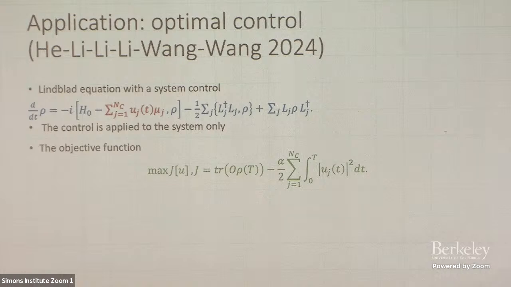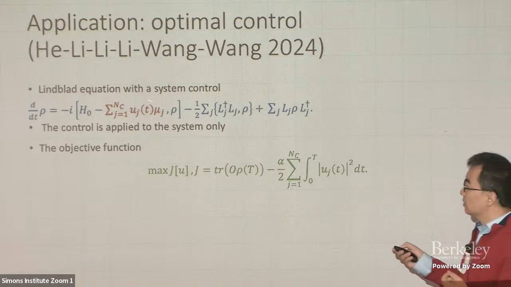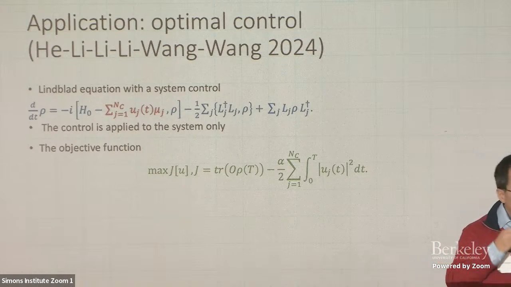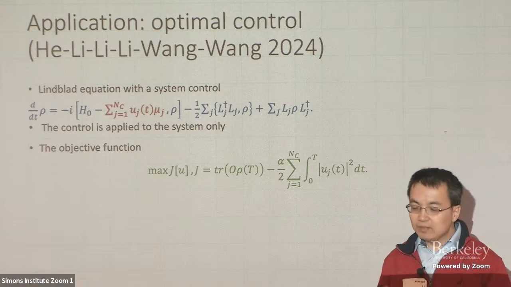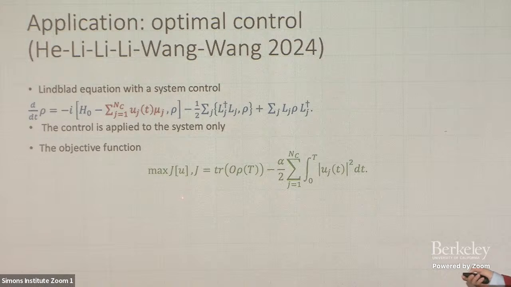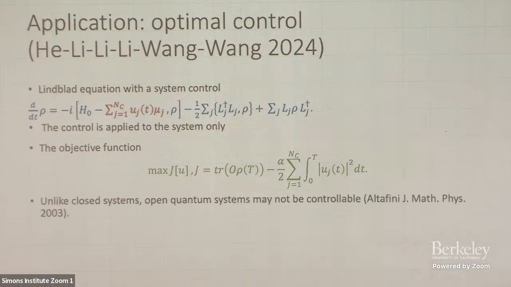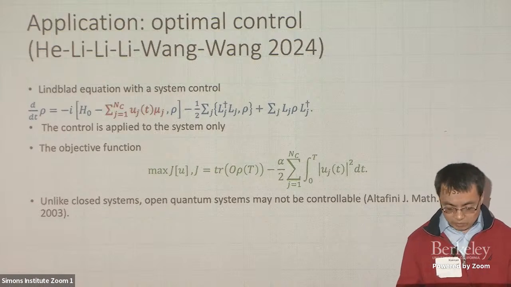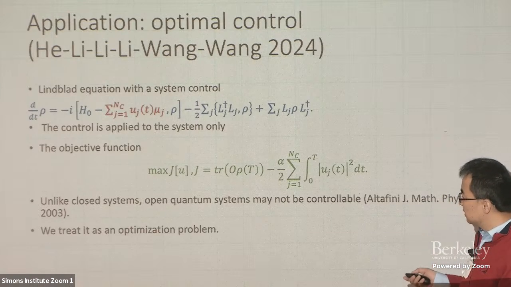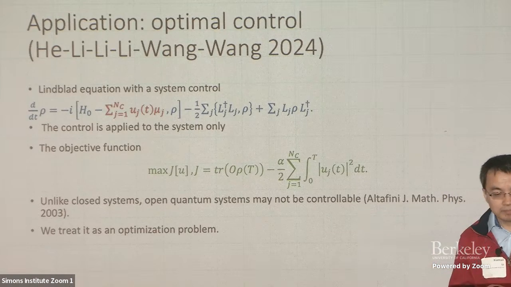The way to think about this is that for different choices of the external control signal, you end up with different realizations, and you're looking for the one that maximizes this objective function. Now, unlike closed systems, open quantum systems are, in general, not controllable. So we actually have to treat this as a maximization problem.